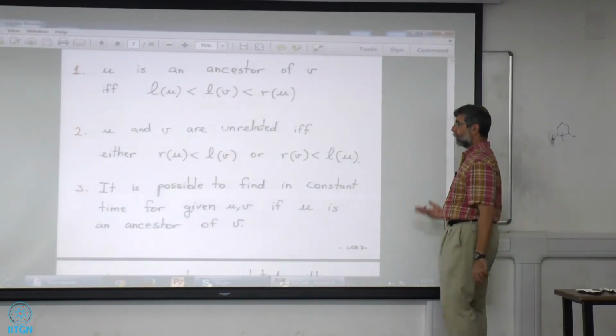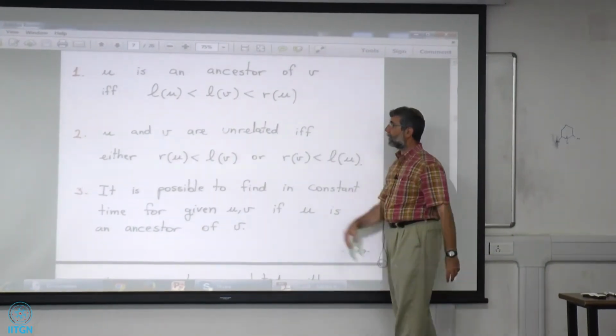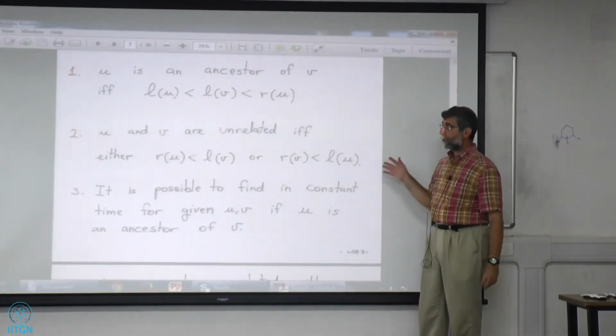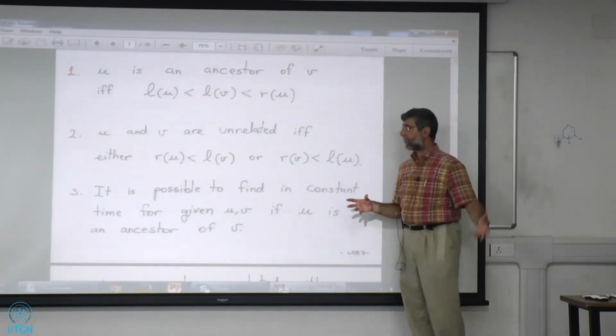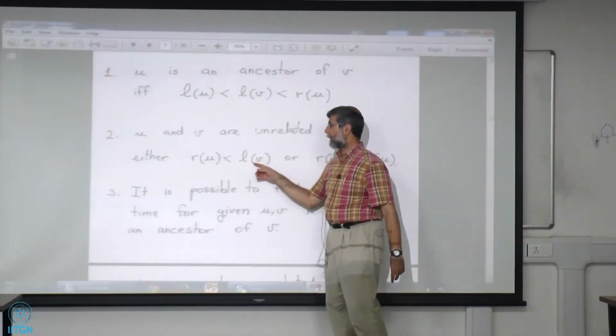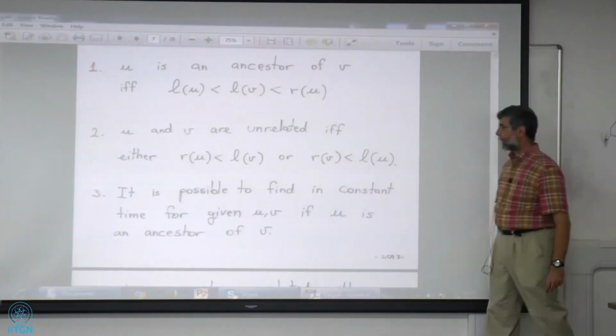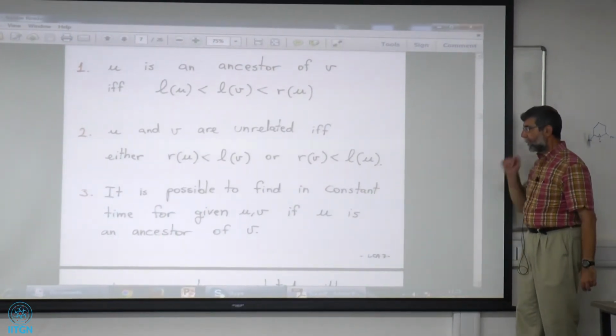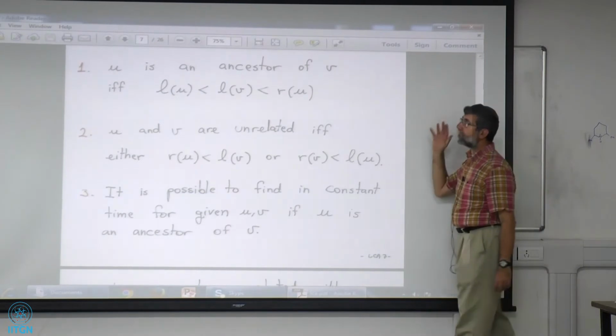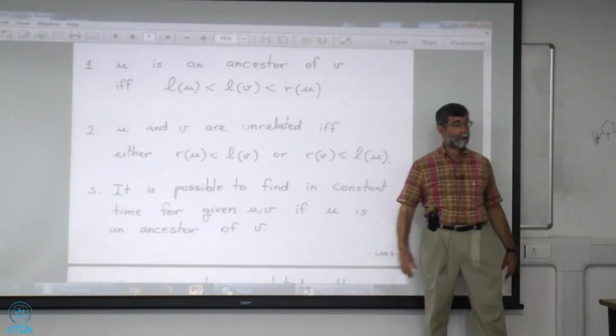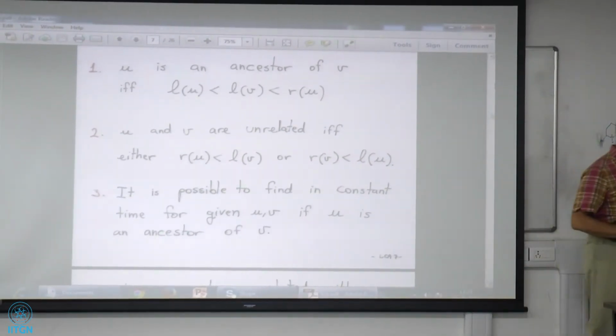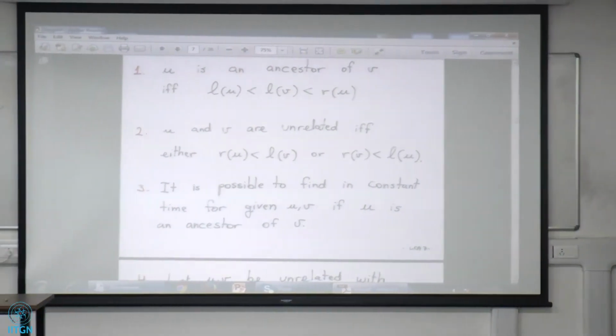You can also find out that U and V are unrelated, in other words, neither is an ancestor of the other, if RU is less than LV or if RV is less than LU. We can find this in constant time, and we've moved forward and understood something.